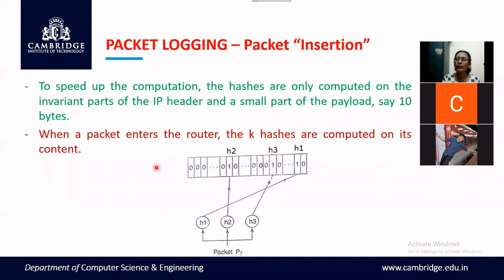Initially all the values of the bit array are 0. You calculate the hash, the hash is used as the index to the array, and the corresponding bits are set to 1. That is how a packet is entered into the system.